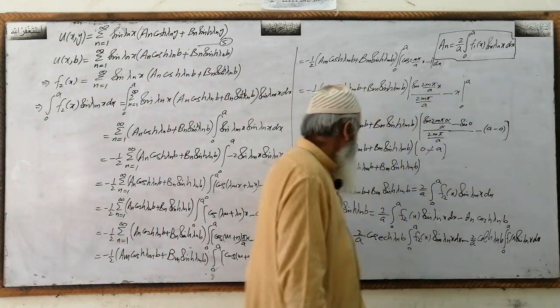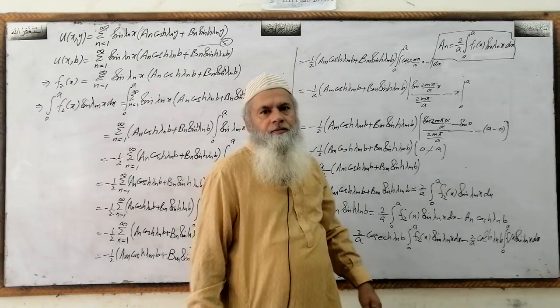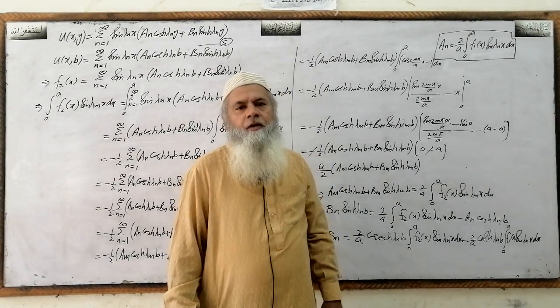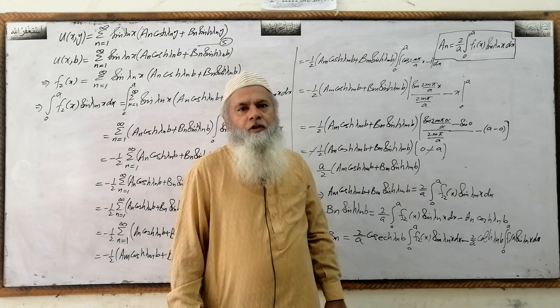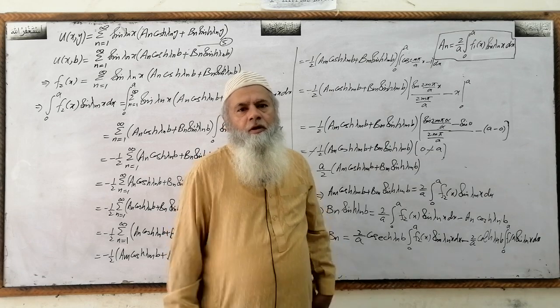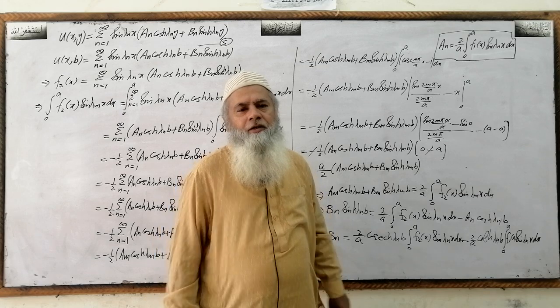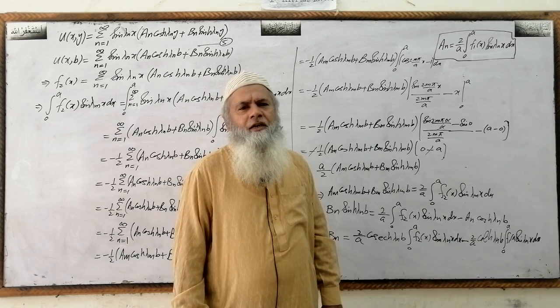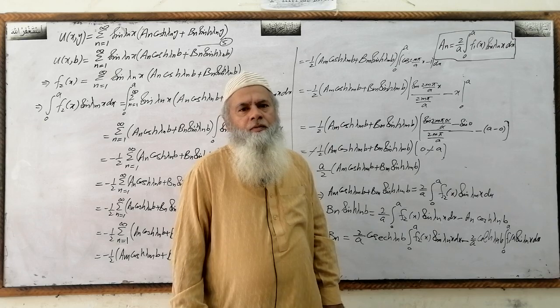This is an and this is bn. Hopefully you understand the complete steps which I tried my best to write here. I expect that you can rewrite the problem and you can solve it yourself. Thank you very much.